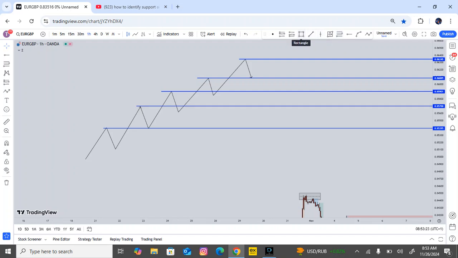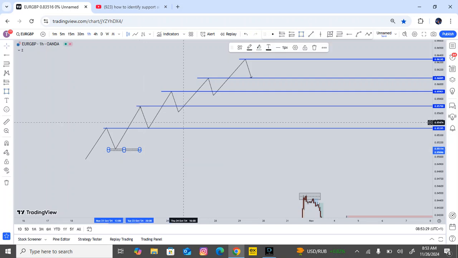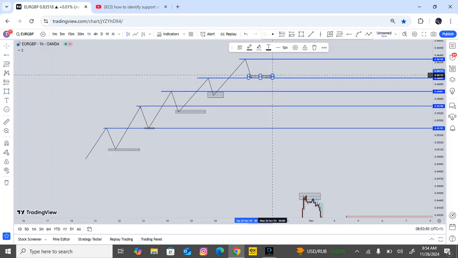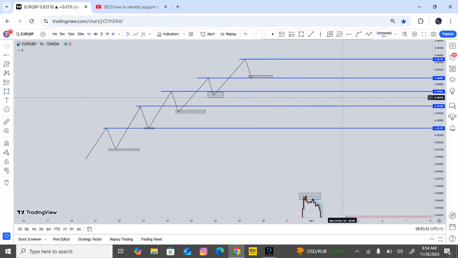And let me use this for the lows. These are lows, right? Right here is a low, right here is a low, right here is a low. They are called higher lows, right?